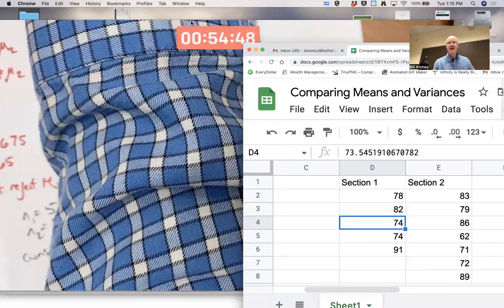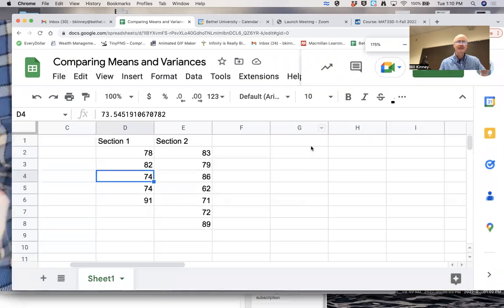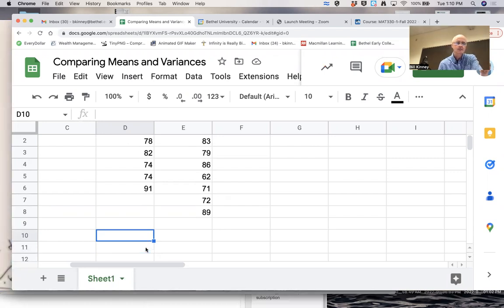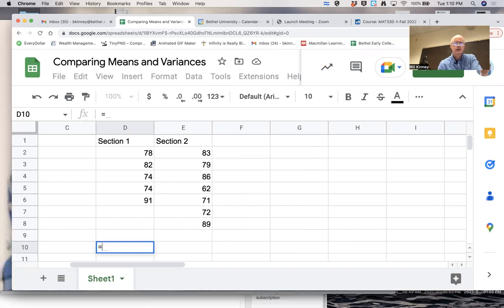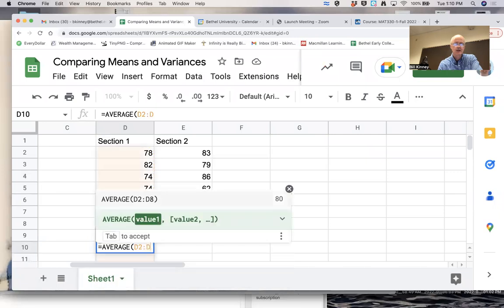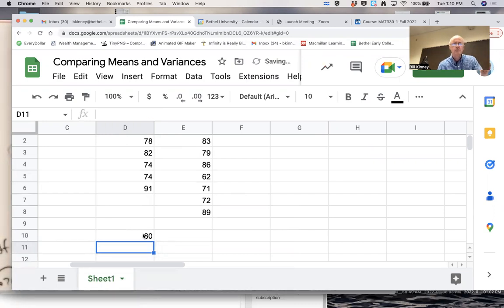Can the spreadsheet confirm these answers? It's good to know whether it can or not. Let's just compute the means and variances first and confirm the answers we got for those in the calculator. So equals average to compute a mean. I think I can go on to D8, even though there's no numbers in D7 and D8. Fine. Oh, wait a minute.